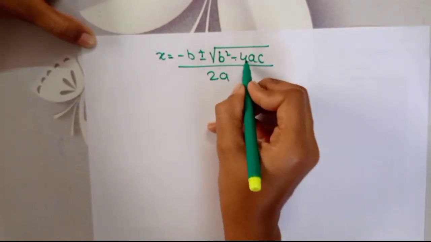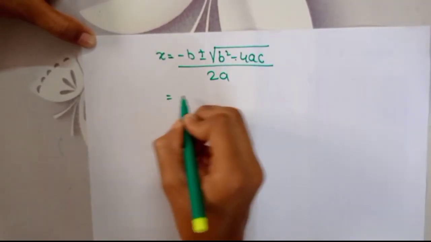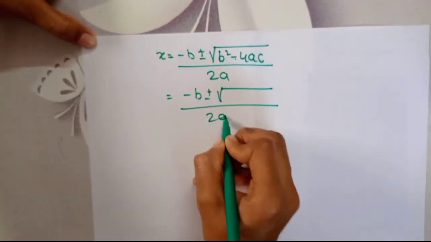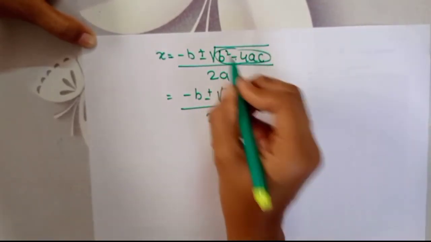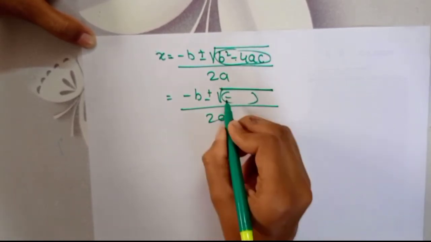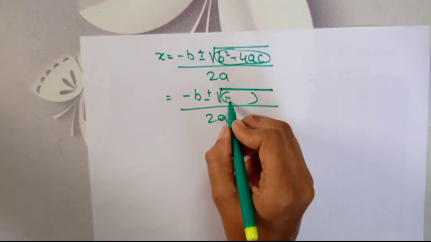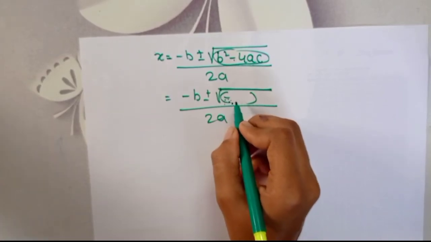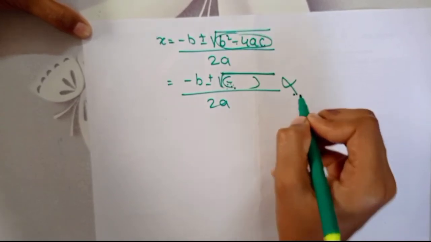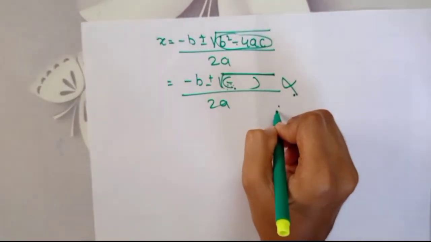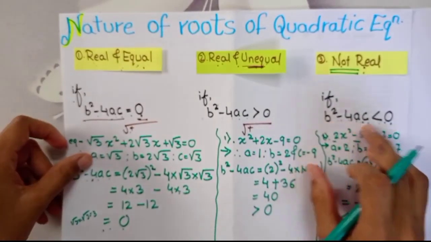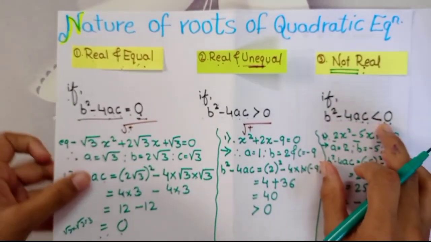Here, if b square minus 4ac is negative, the root becomes a complex, imaginary number. Therefore, it is not a real number. This is the main reason why we say the roots are not real when b square minus 4ac is less than 0.